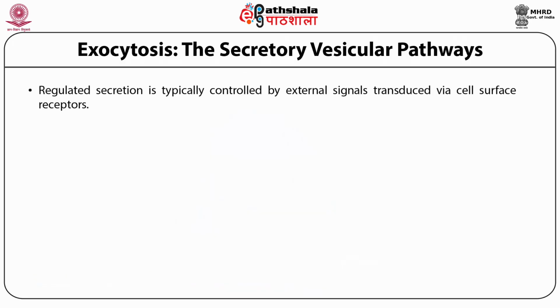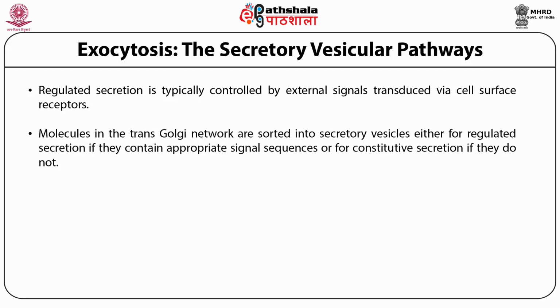Regulated secretion is typically controlled by external signals transduced via cell surface receptors. Molecules in the trans-Golgi network are sorted into secretory vesicles either for regulated secretion if they contain appropriate signal sequences, or for constitutive secretion if they do not.